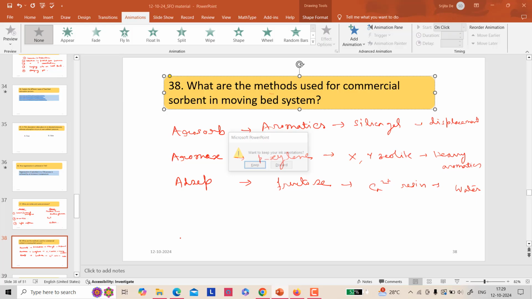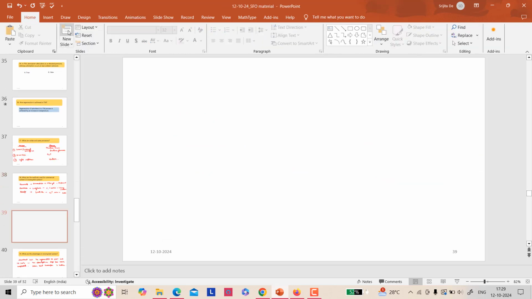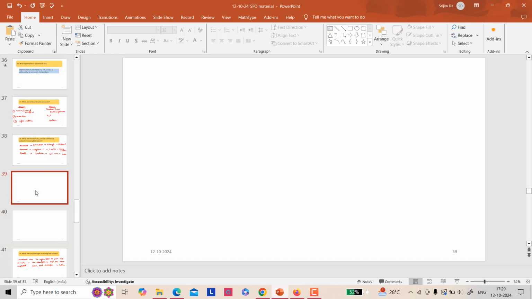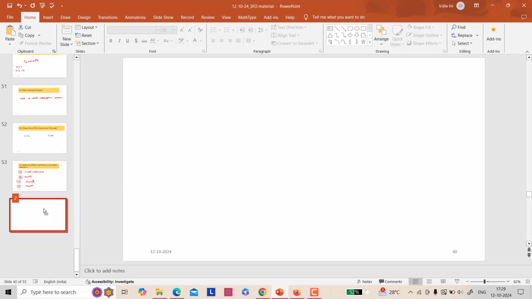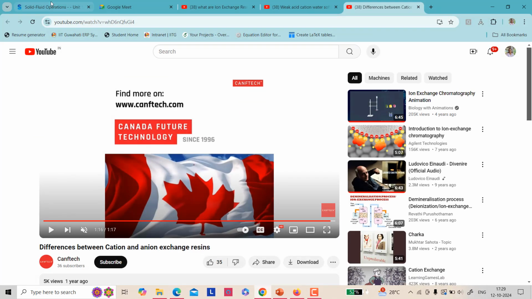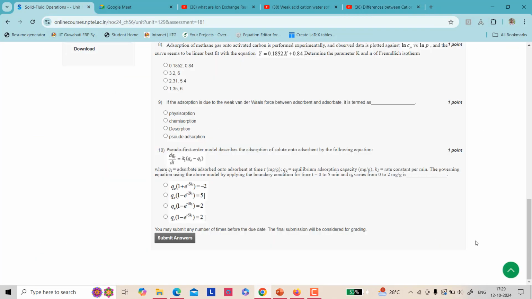Okay. Now I will show one equation and solve one problem, which is given in the question in your assignment. The pseudo first order explanation is there, and you know the terms.